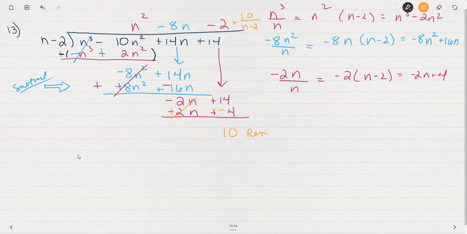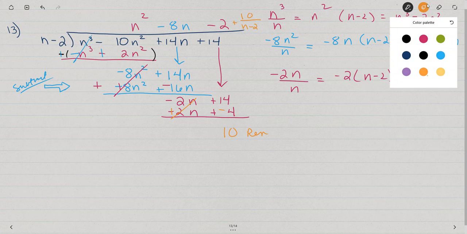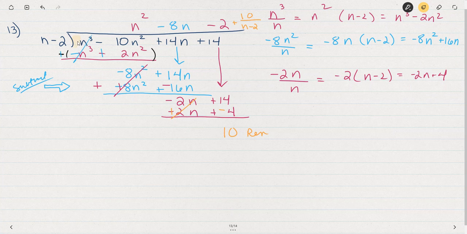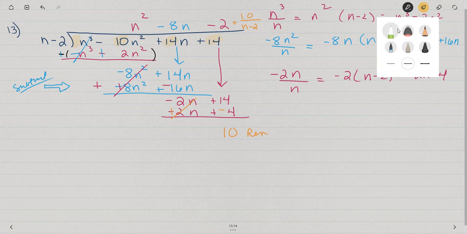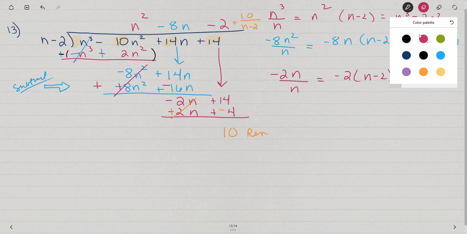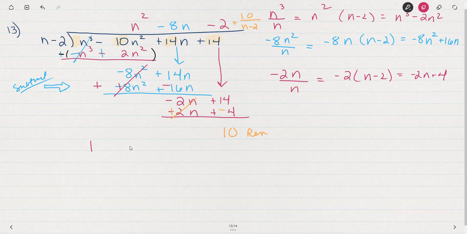Let's look at this one with synthetic division. Can you pull out the coefficients? 1, negative 10, 14, 14. And since this is already a subtract, I'm going to write a 2 in here, right? It's always the opposite.